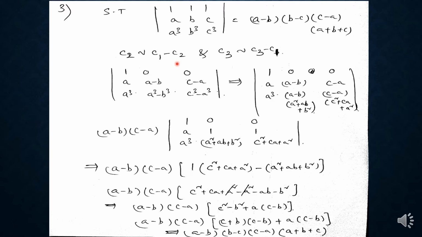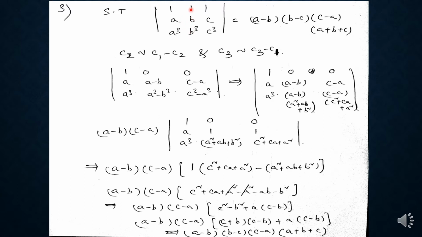So here keep this one as the same 1, and we want to make this one and this one zeros. This one is in the second column and this is in the third column. So we want to change the second column elements and third column elements. We cannot change only a single element in a row or column, so we have to operate the whole column or whole row.